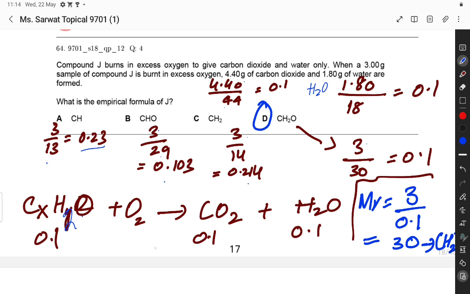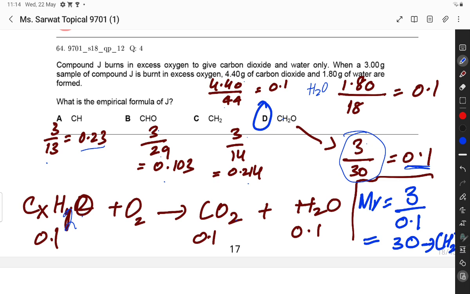CH2O plus oxygen. So hydrogen is balanced, carbon is balanced, oxygen 2 and 3 and 2 and 3. So 0.1 mole, we have 0.1 mole in this case, 3 over 30 is equal to 0.1 mole. So 0.1 mole of carbon dioxide is produced, 0.1 mole of water is produced.